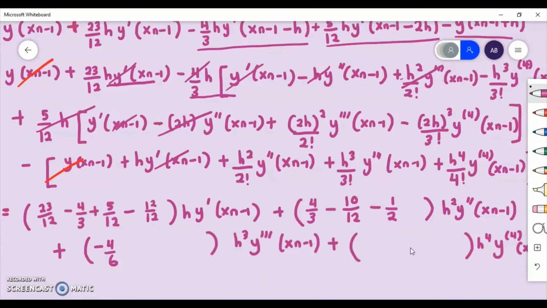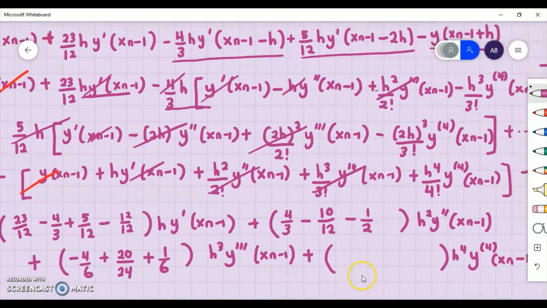So 4 times 5, 20 over 12, plus 20 over 12 times 2, 24. You have to be very careful when you are doing this. This term is already considered, involving h to the power 3 and the third derivative. I have 1 over 6. This term is also considered.